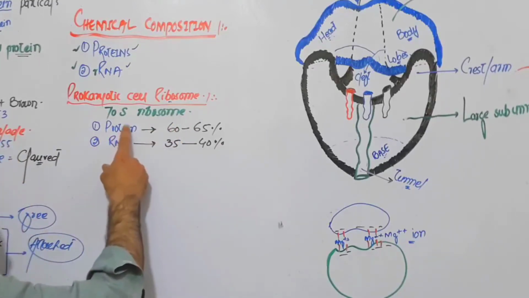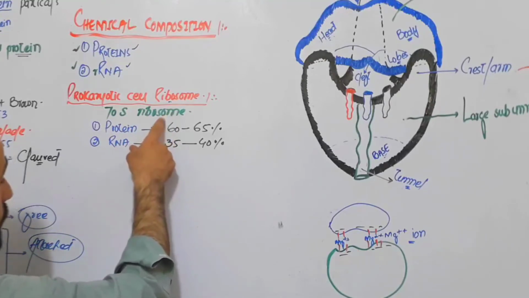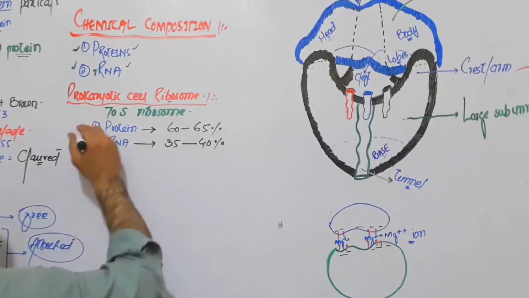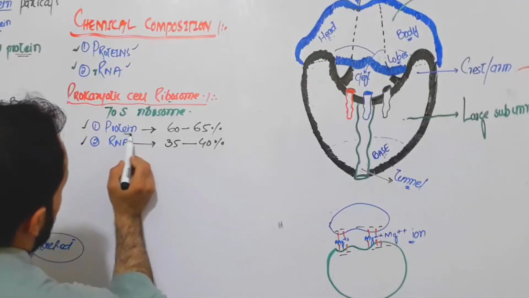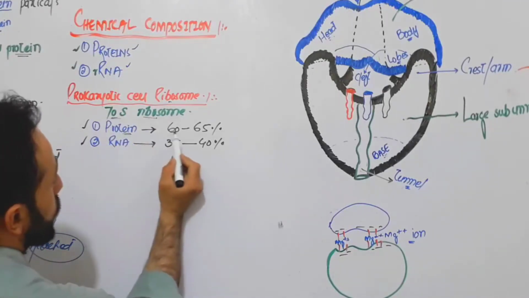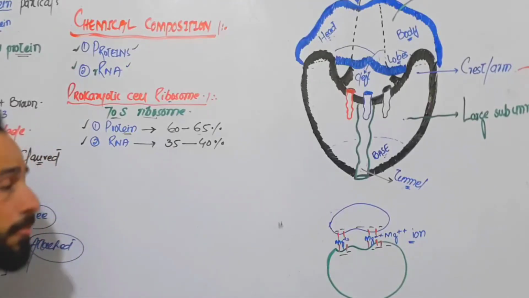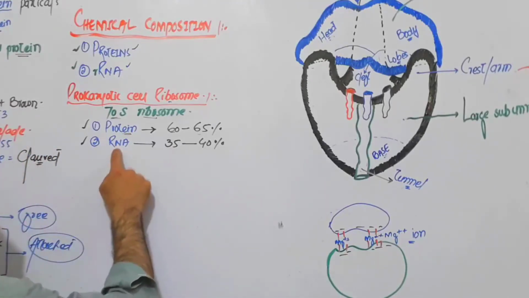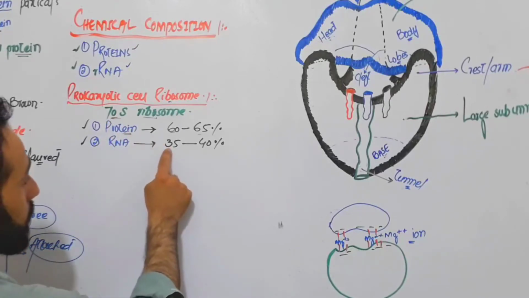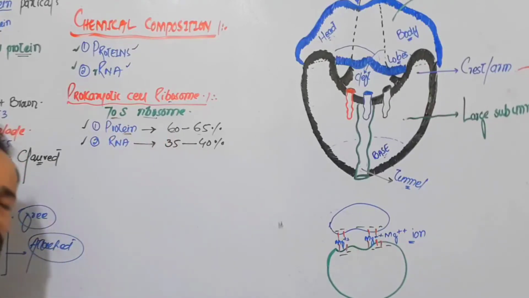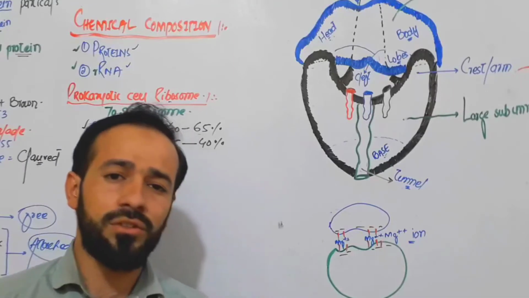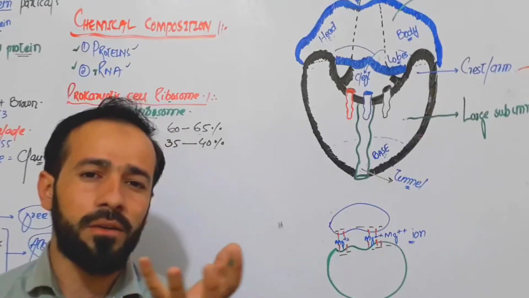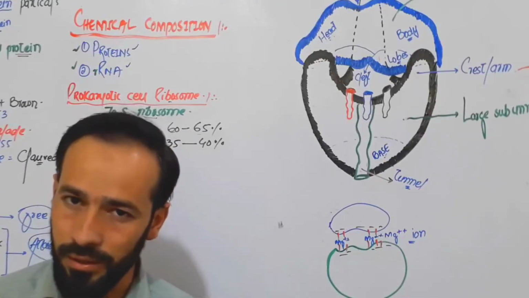The ribosome which is 70S is made up of protein and RNA, and the protein percentage in the 70S ribosome is 60 to 65%, and the RNA percentage is 35 to 40%. So in very simple words, the 70S ribosome contains 60 to 65% proteins and 35 to 40% RNA, right?